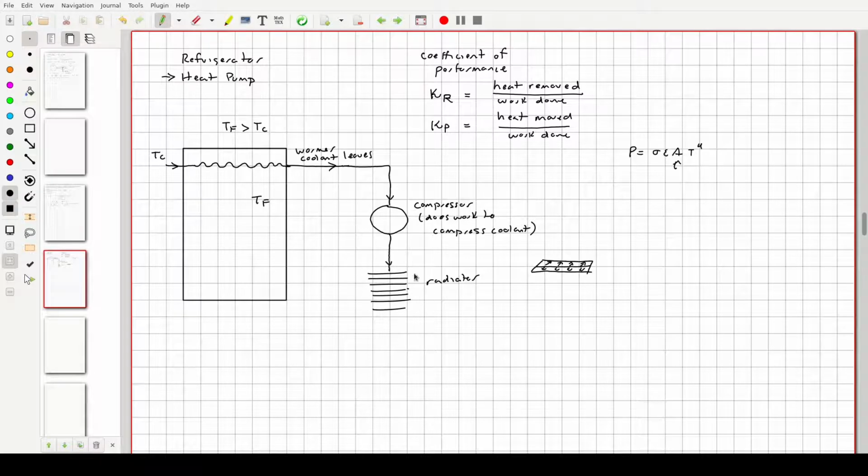Basically, what you're trying to do is get the coolant as close to the background temperature, the temperature of your environment, as you possibly can. So what this does is cool it down. Now, it doesn't get it as cold as what it was when it entered the fridge, but it does get it cooler, certainly cooler than it was when I compressed it.